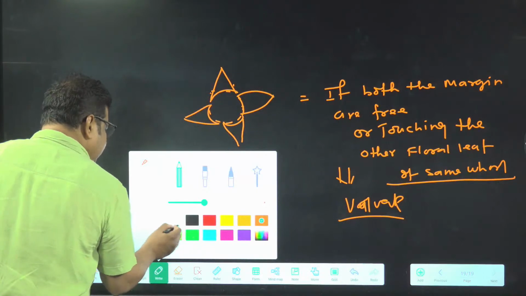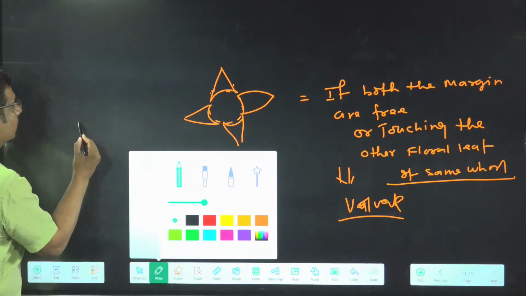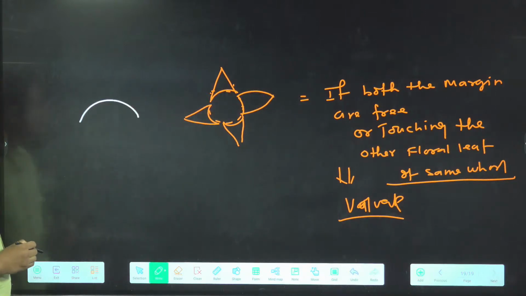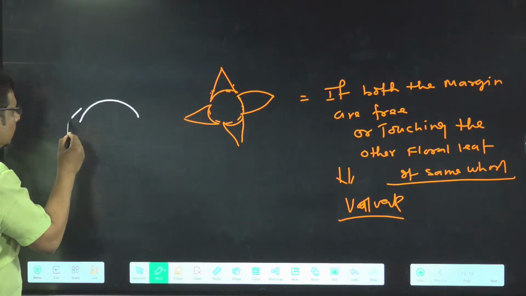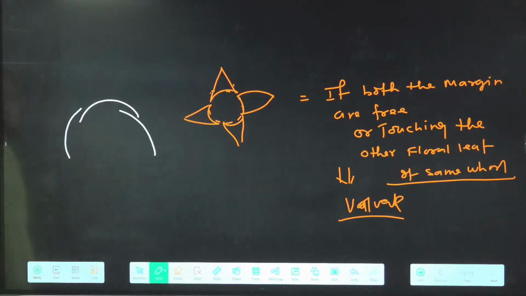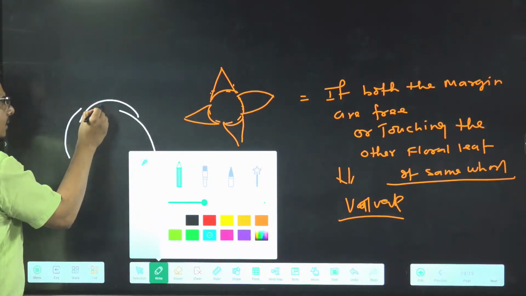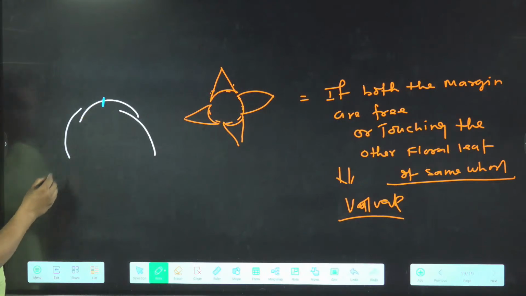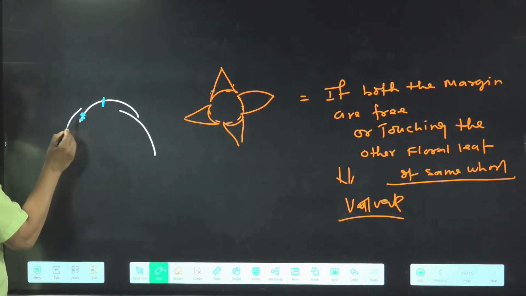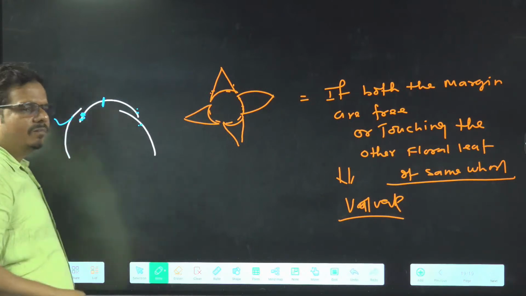Look at your NCERT. In twisted you are finding, no? I am just showing you the pattern. This is one petal or sepal. Another petal or sepal is like this. And another petal or sepal is like this. What are you finding? Just look here. This floral leaf, this margin is overlapped by this, and this margin is overlapping the others.